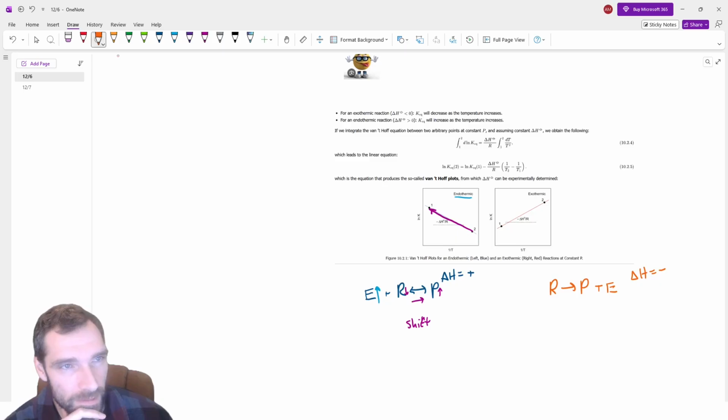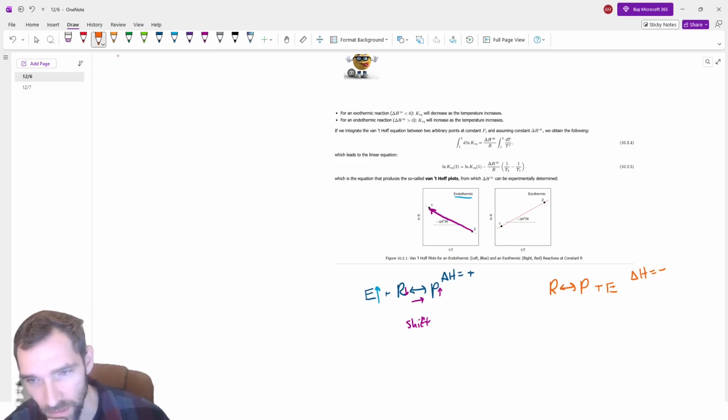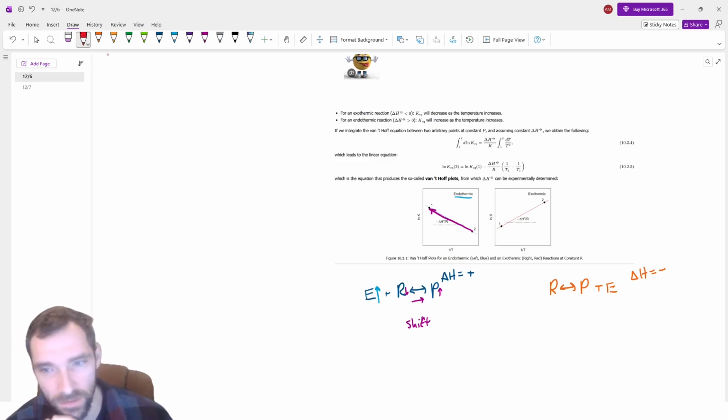You can talk about the same sort of relationship here with an exothermic reaction. If we're talking about something that's exothermic, it's got energy that's negative in terms of the change in H. So that means energy is being produced.